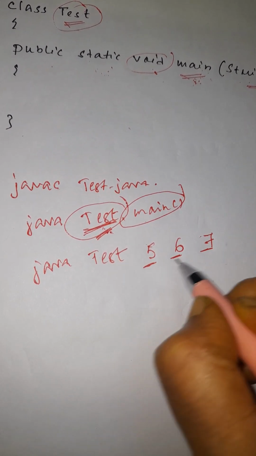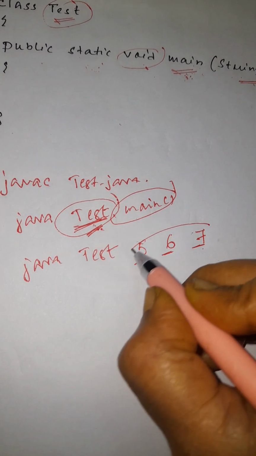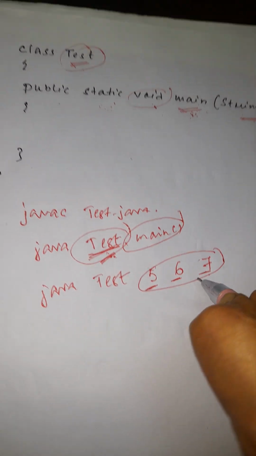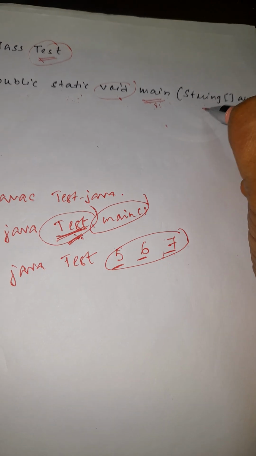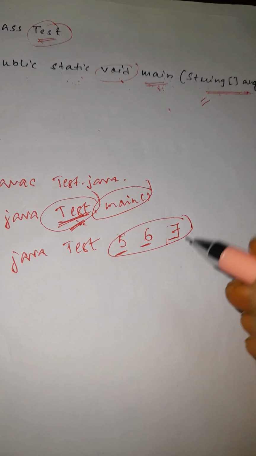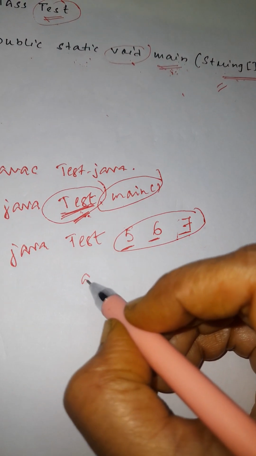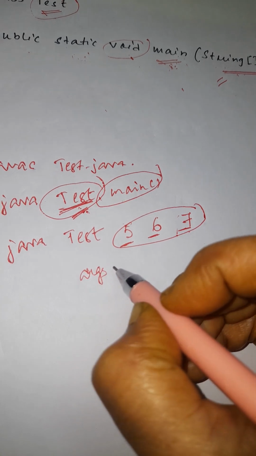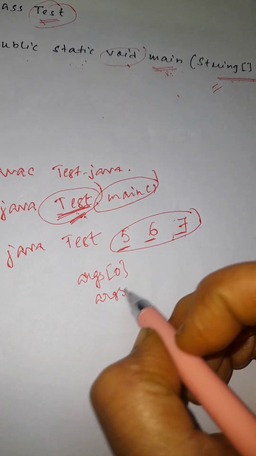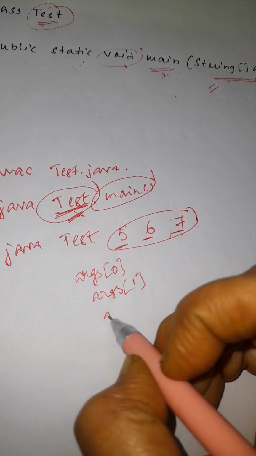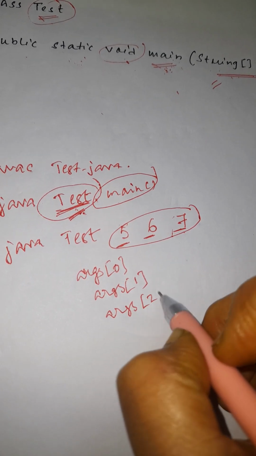These three values I want to pass, and they will be passed into your main function. Where will they be stored? They will be stored within the string array, so this is args[0], args[1], args[2], like this.